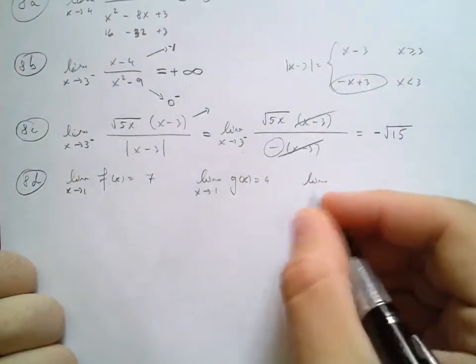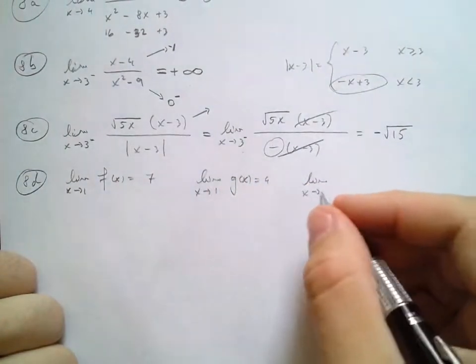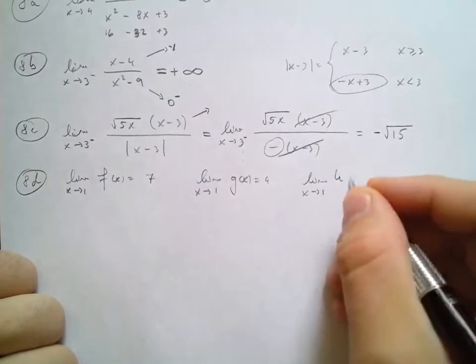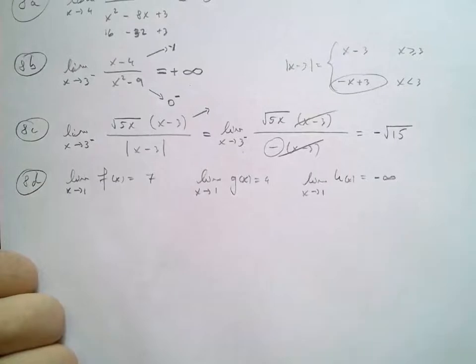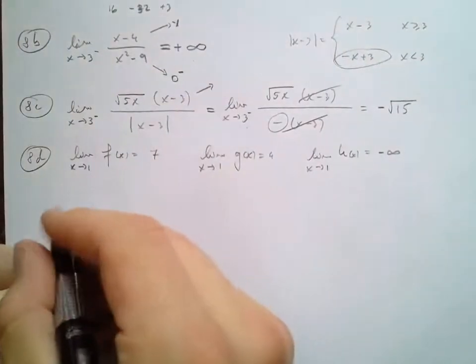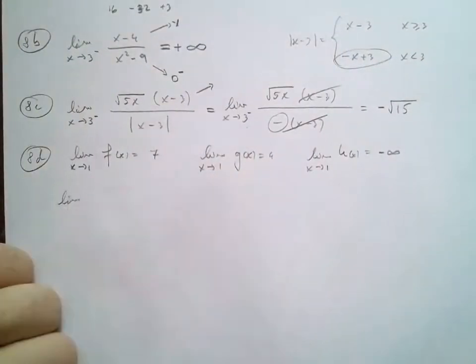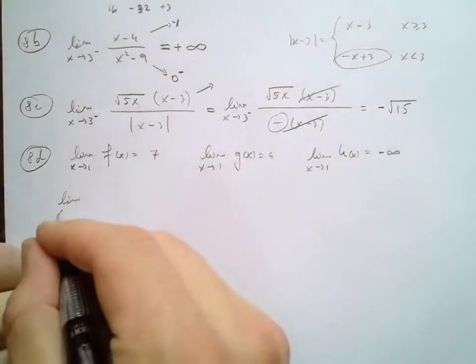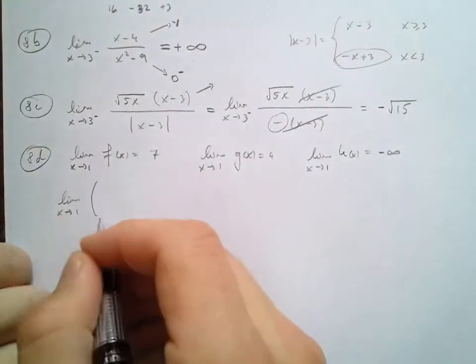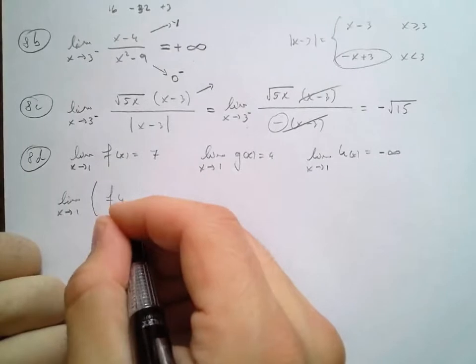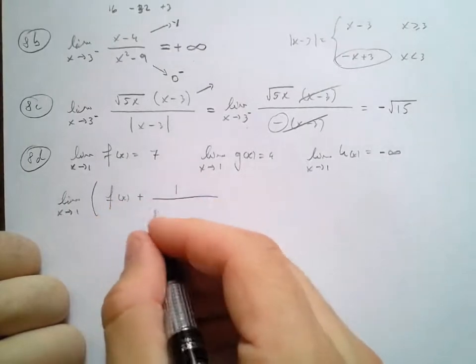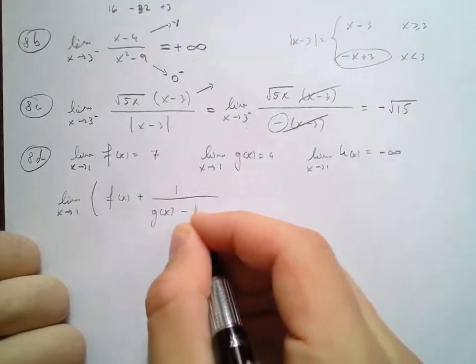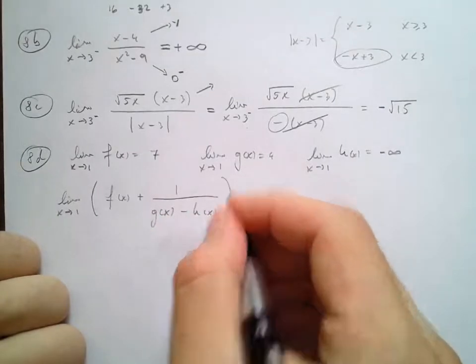And the limit as x approaches 1 of h of x is going to be minus infinity. And we want to compute the limit of this combination of functions as x approaches 1 of f of x plus 1 divided by g of x minus h of x.